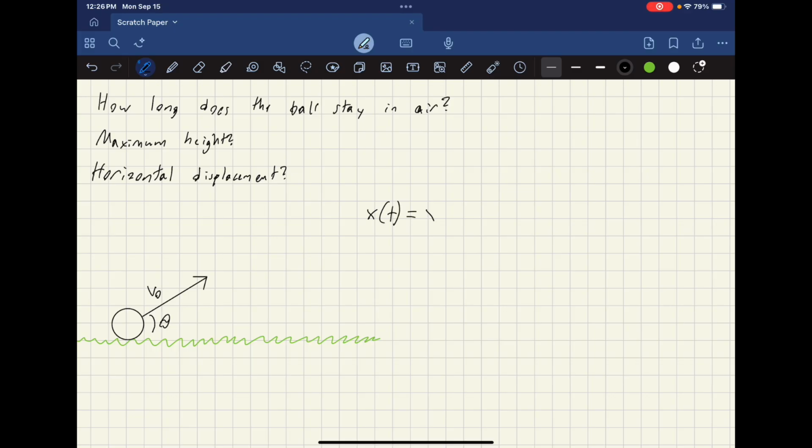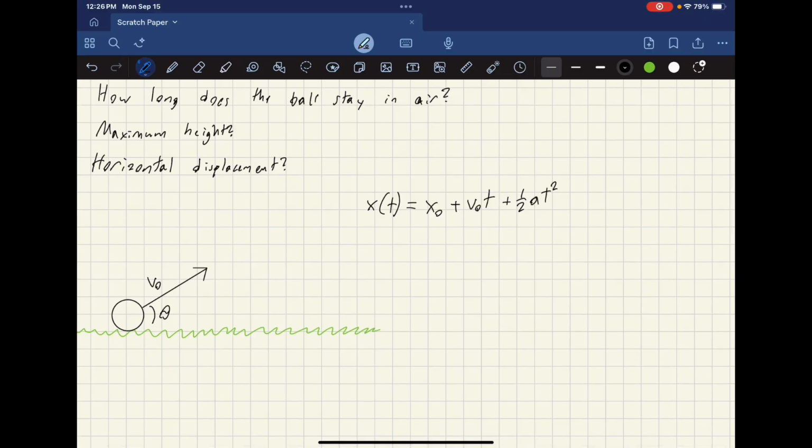So this is x of t equals x naught plus v naught times time plus 1/2 acceleration times time squared. The important thing with the soccer ball problem is that we have both a vertical and a horizontal displacement.